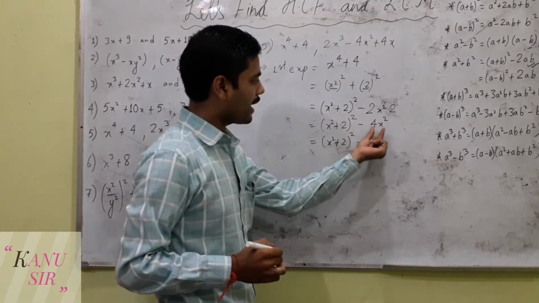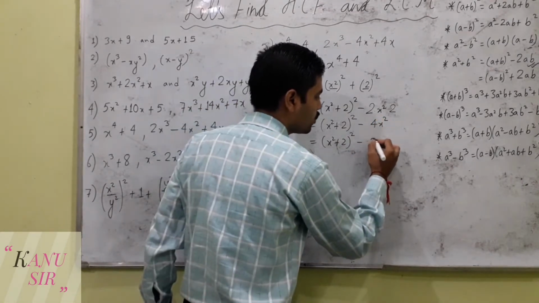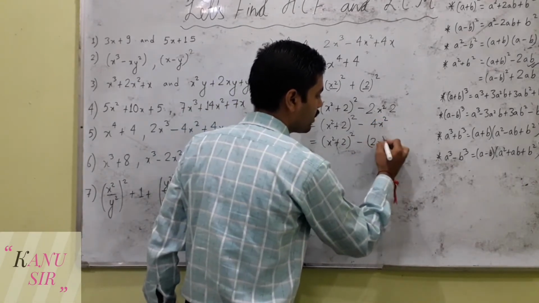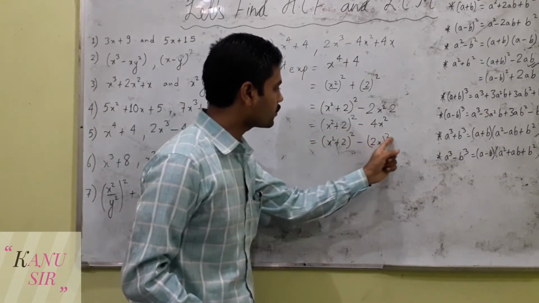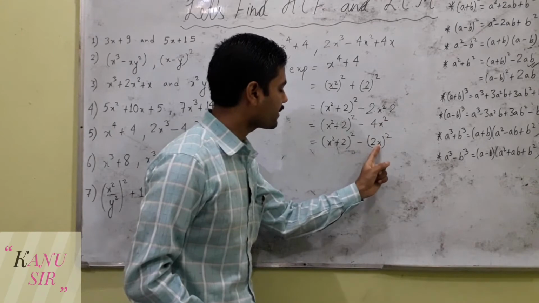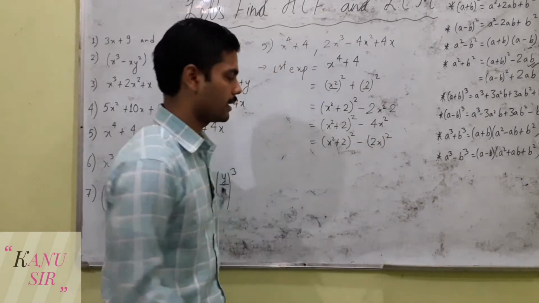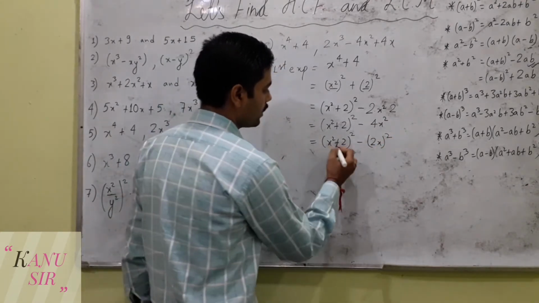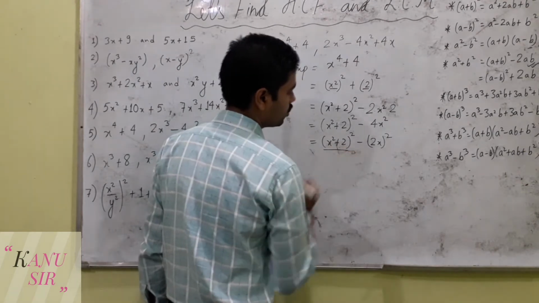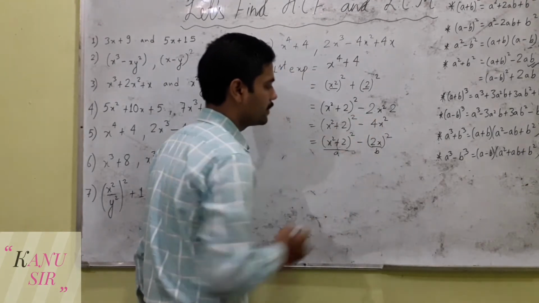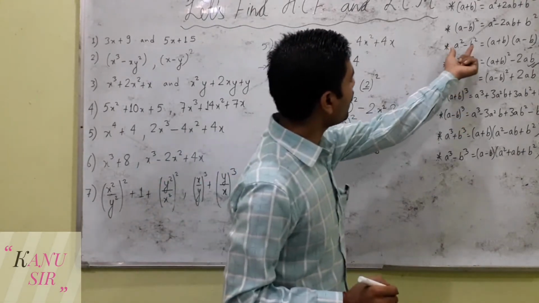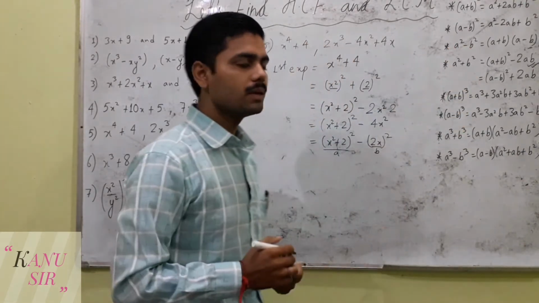Now 4x square can be changed to 2x whole square. It means 4 is the square of 2, x square will be taken as x inside and square outside. Now x square plus 2 will be taken as a and 2x will be taken as b. Then you can match with the formula a square minus b square.